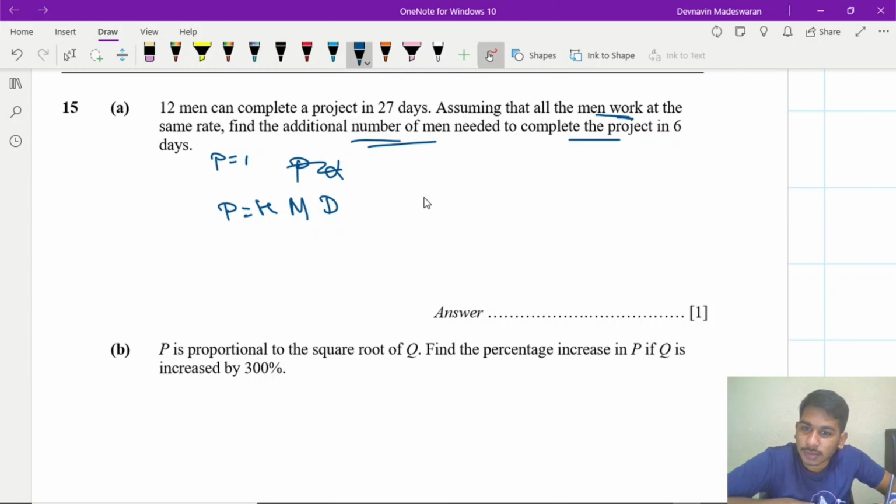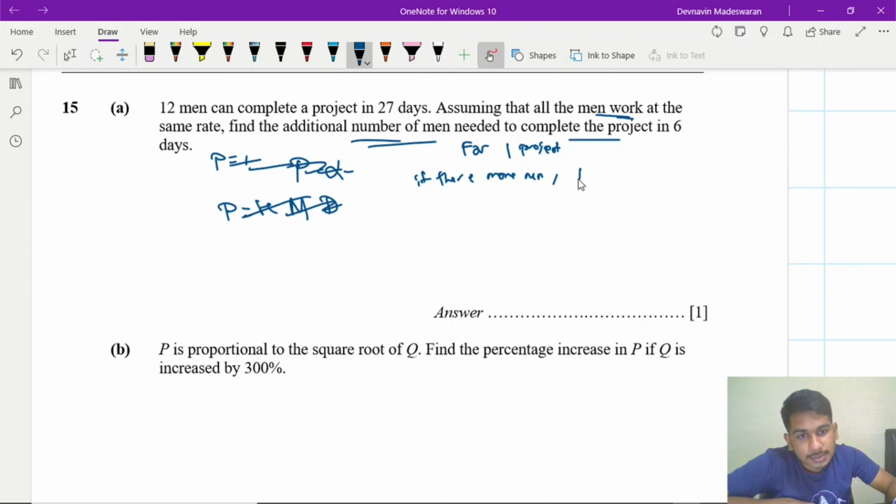Okay, so we are going to, wait, let me think a bit. For one project, let's think of it like this. For one project, if there are more men, then less days are needed.